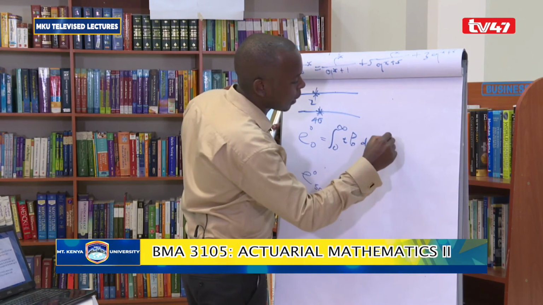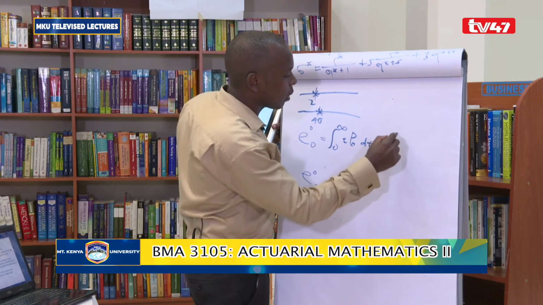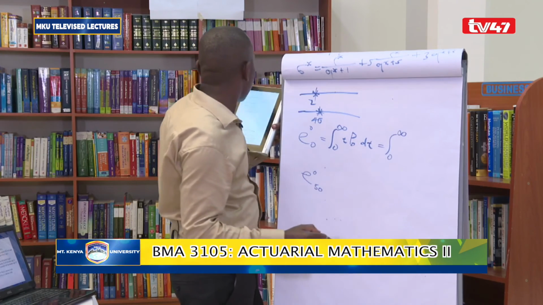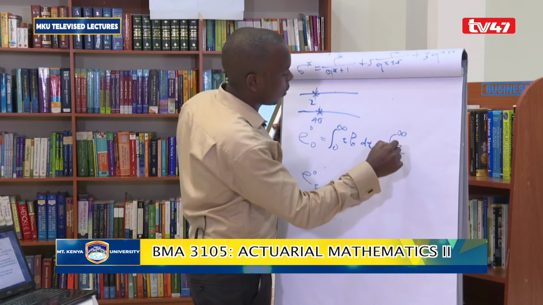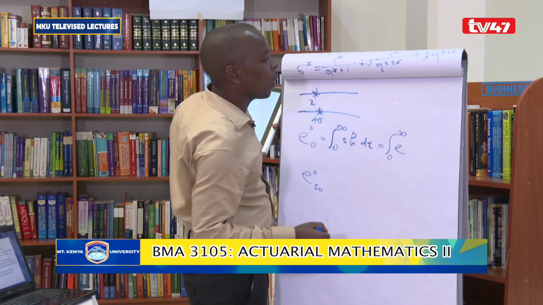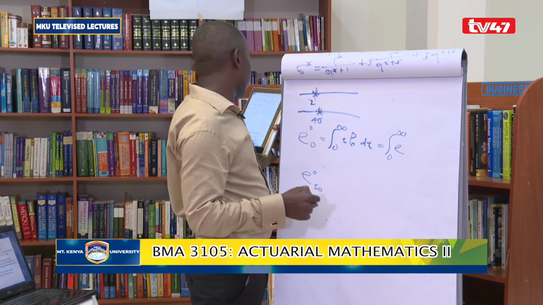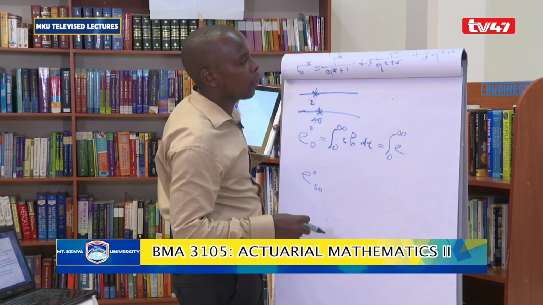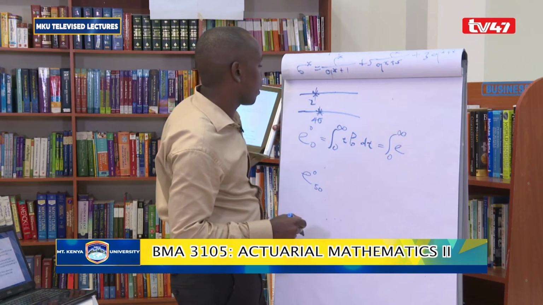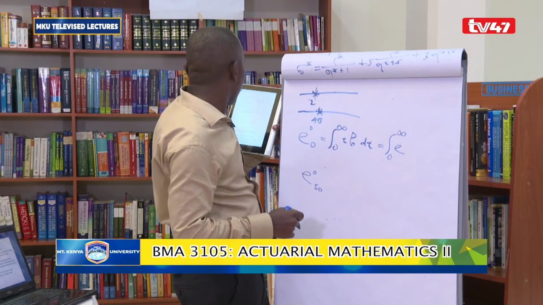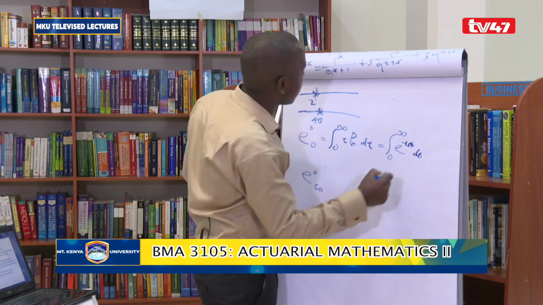This is simply the integral of 0 to infinity of exponential, because we know that to find tpx it is simply exponential to the power negative integral of mu t. So here we will have negative mu t dt.